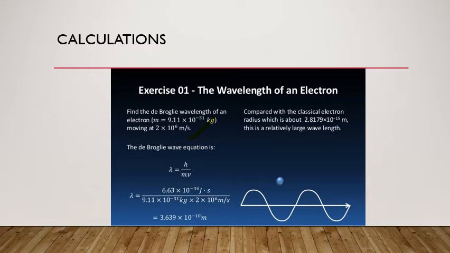So we have the wavelength 3.6 times 10 to the power minus 10 meter. Compared with the classical electron radius, this is a relatively large wavelength, which cannot be ignored. So if the mass and the velocity are given, we can easily find the wavelength of the electron.